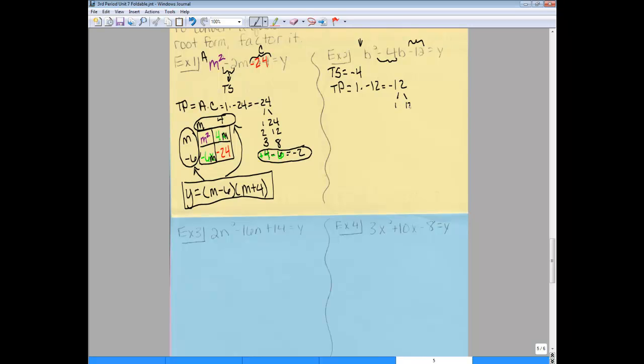We have 1 and 12, 2 and 6, and 3 and 4. So which one of these can we use to get -4? Well, 1 and 12, there's no way for us to get -4 from that. 3 and 4, there's no way to get -4 from that. But if we have +2 and -6, that gives us -4.